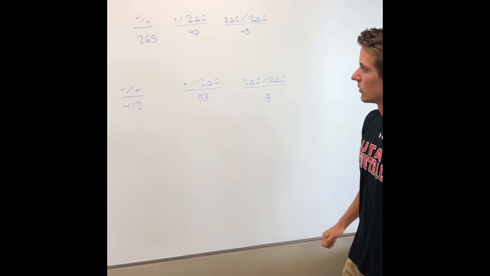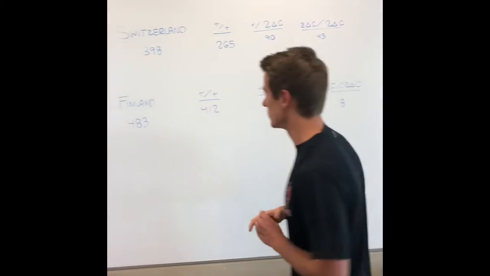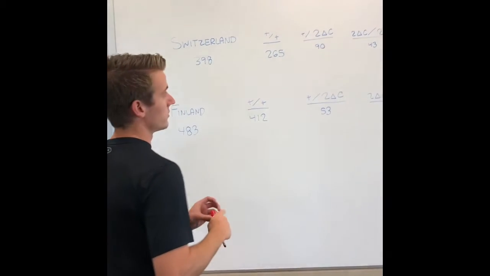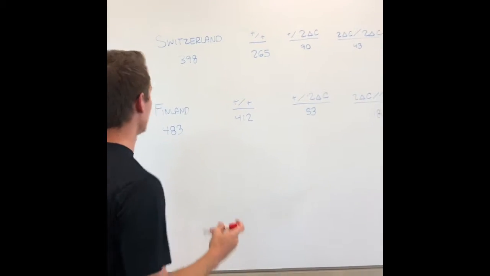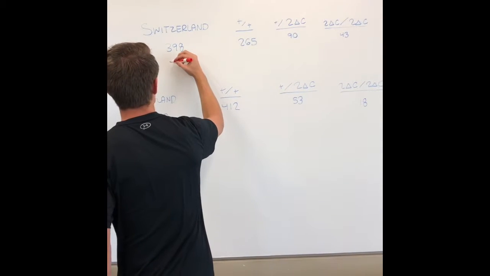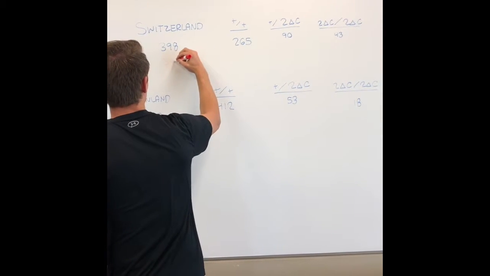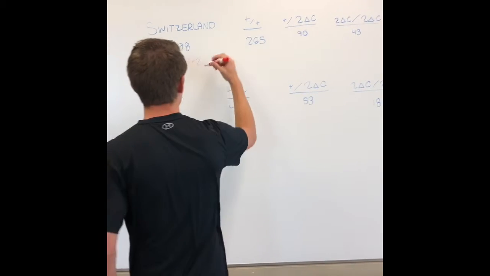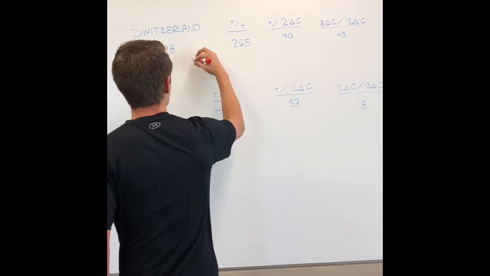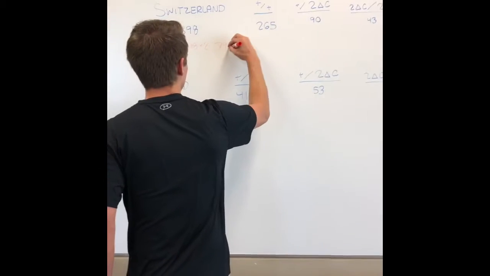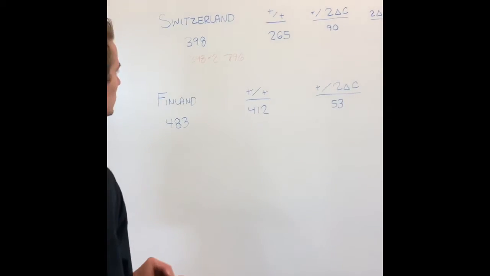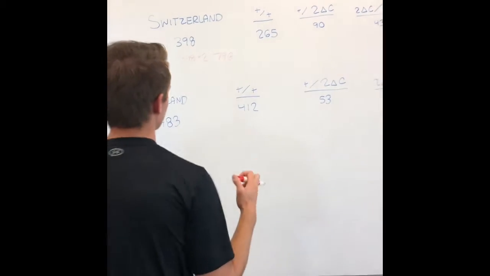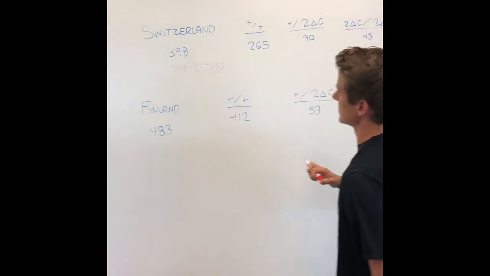So basically, to find the percentages of people that have the 2 delta C gene, we're going to take our 398 and times it by 2, which will give us 796. Can you see those numbers? Yep. Okay. So that gives us 796, excuse me.